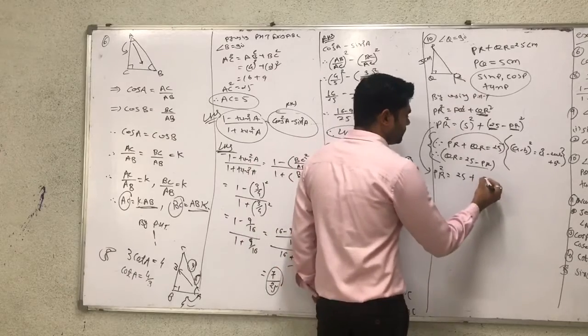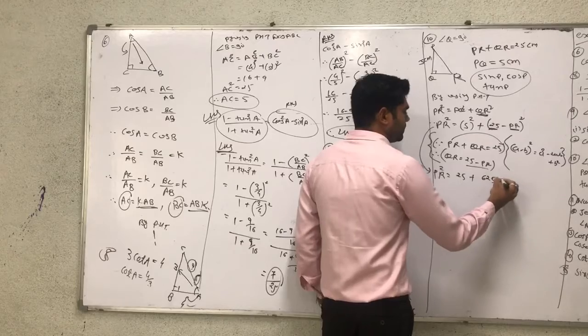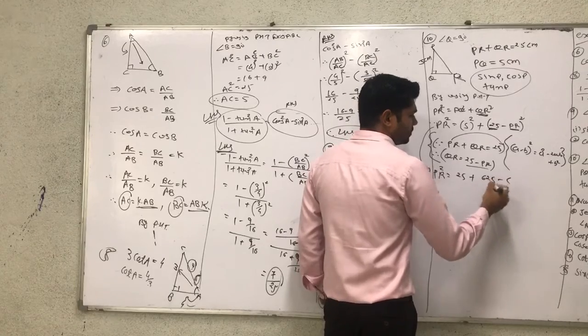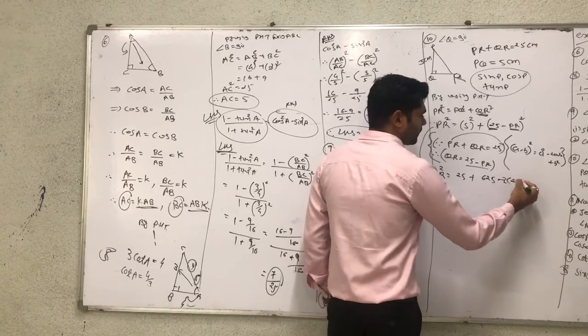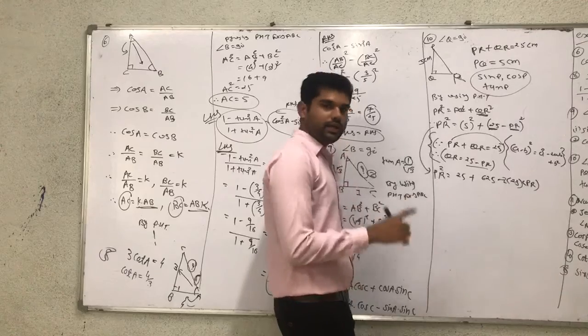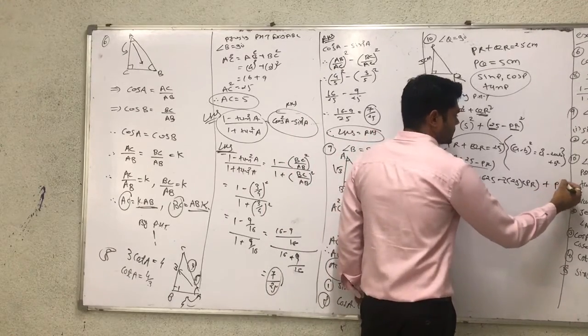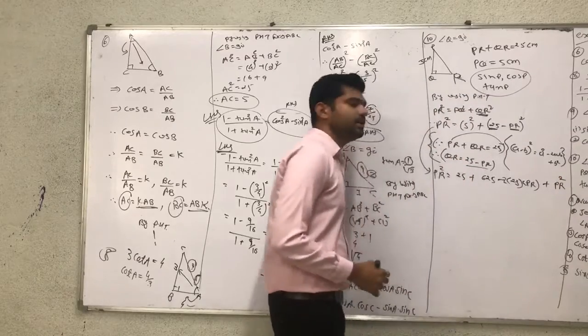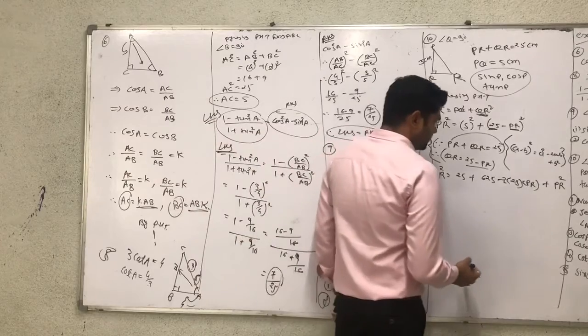First, A square means 25 square, 625. Now minus 2AB plus B square. B square means PR square. Let's see.